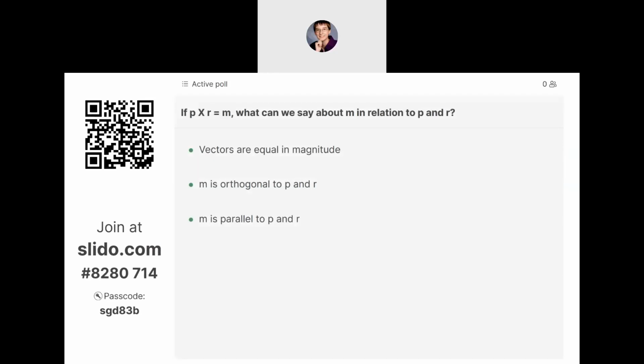All right. If we take a cross product between two vectors P and R, and the result is M, what can we say about M in relation to vectors P and R?